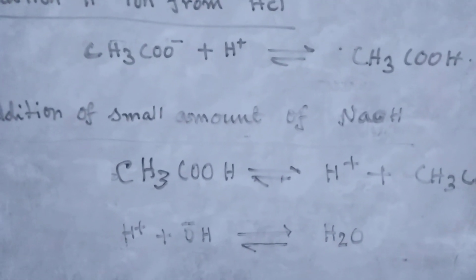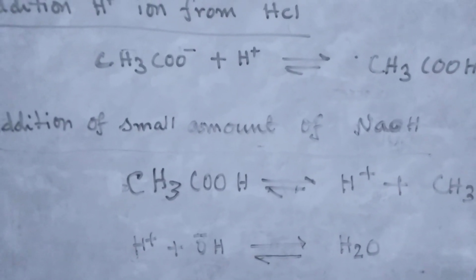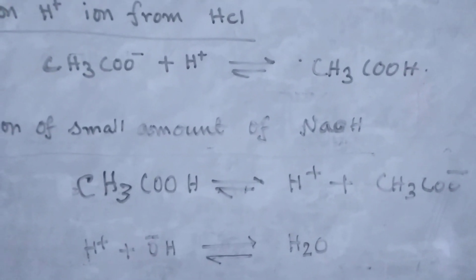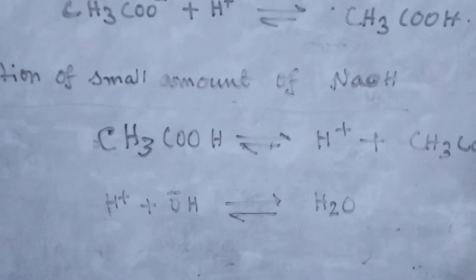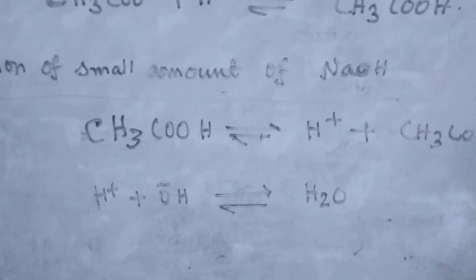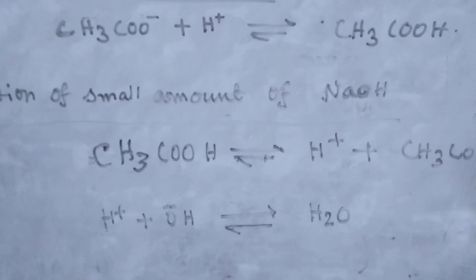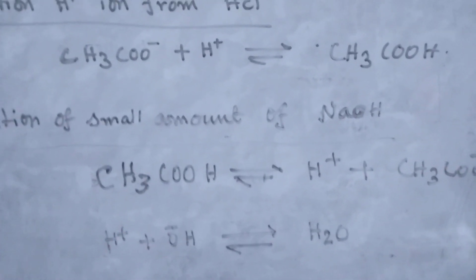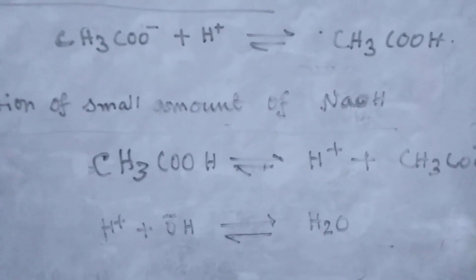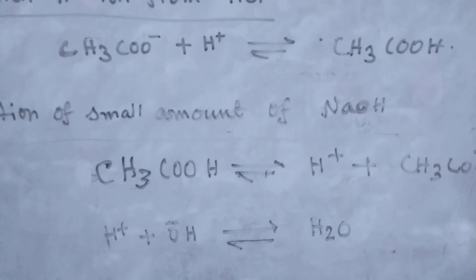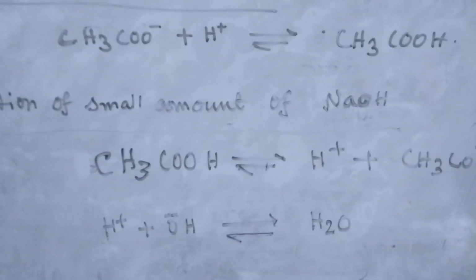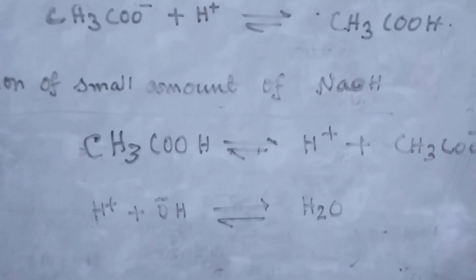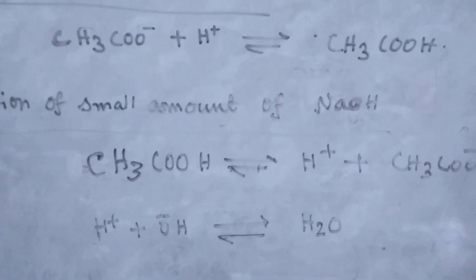This OH- ion will make the acetic acid more ionizable, and acetic acid will ionize more and give H+ ion, and this H+ ion combines with OH- ion to produce undissociated H2O molecules. So on addition of OH- ion, the change of pH is resisted by the undissociated acetic acid molecules, whose dissociation increases on addition of base and produces H+ ion, and that H+ ion combines with the OH- ion to produce undissociated H2O and resist the change of pH.